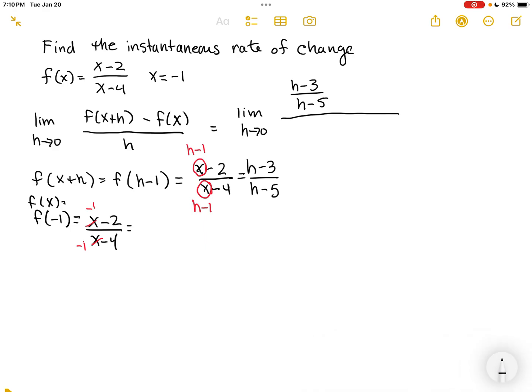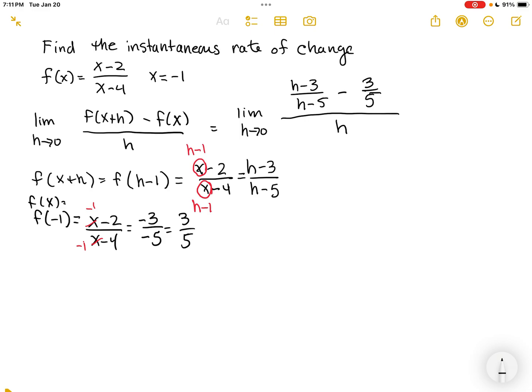Then when I simplify this, I get negative 1 minus 2 on top, which gives me negative 3, and in the denominator, negative 1 minus 4, which is negative 5. With the double negatives, I can simplify that as 3/5. So that's going to replace f of negative 1, and then that's all over h.